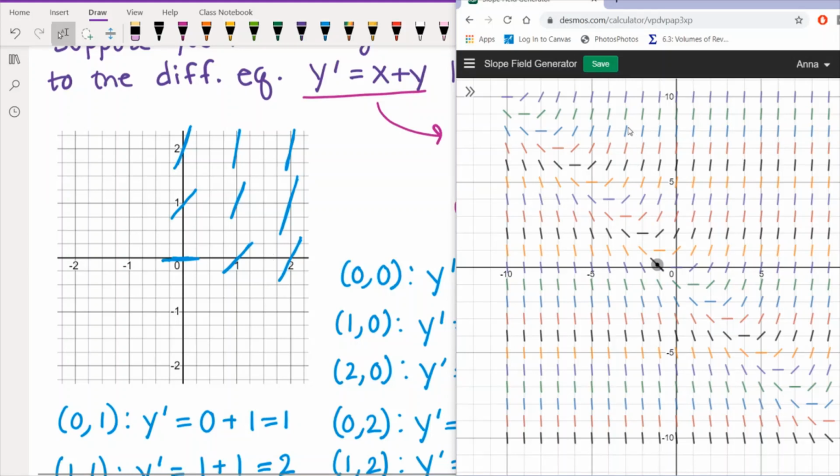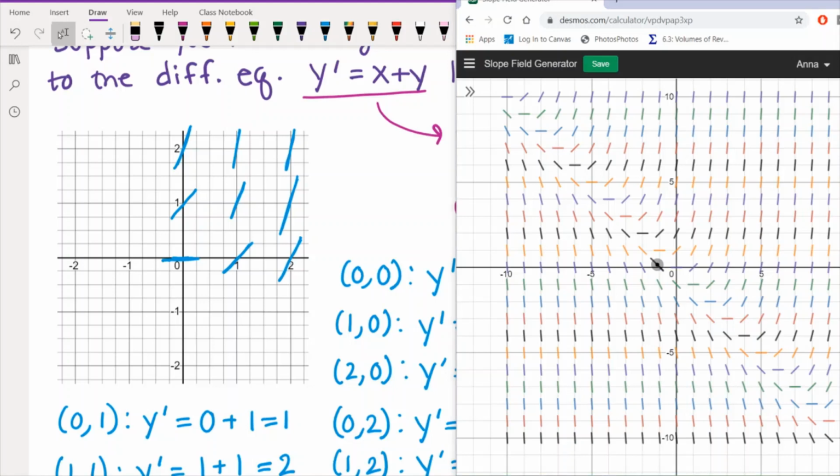You can picture that there are many different functions that are going to be solutions to your differential equation, and you can imagine tracing them out. For example, you might have one that looks like this. Just watch my mouse, I'm tracing. Or you might have one that looks like this. Or one that looks like this. Any solution you have basically has to fit with the pattern of slopes that you're seeing here.